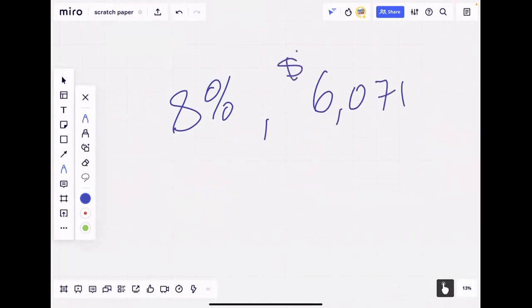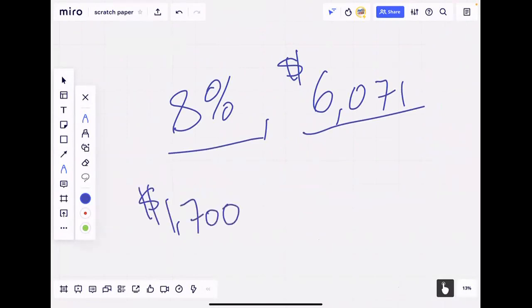So this is the principal, and this is the interest. And it said over the life of the loan, you paid $1,700 in interest. Correct. And then it said, how long is the loan?